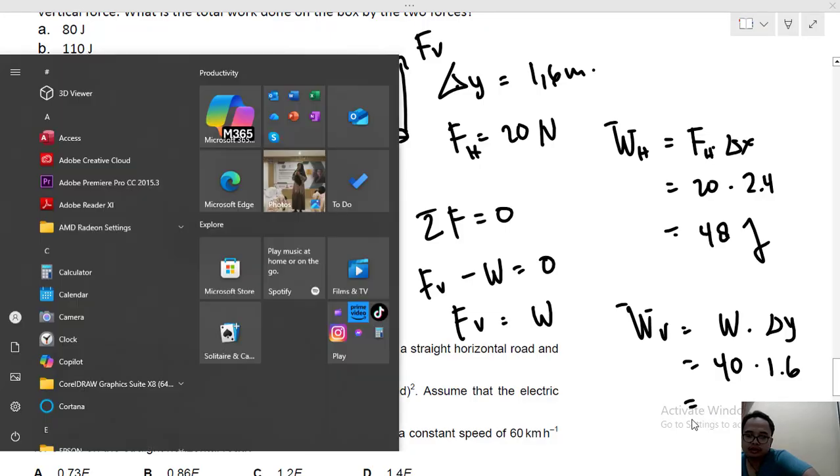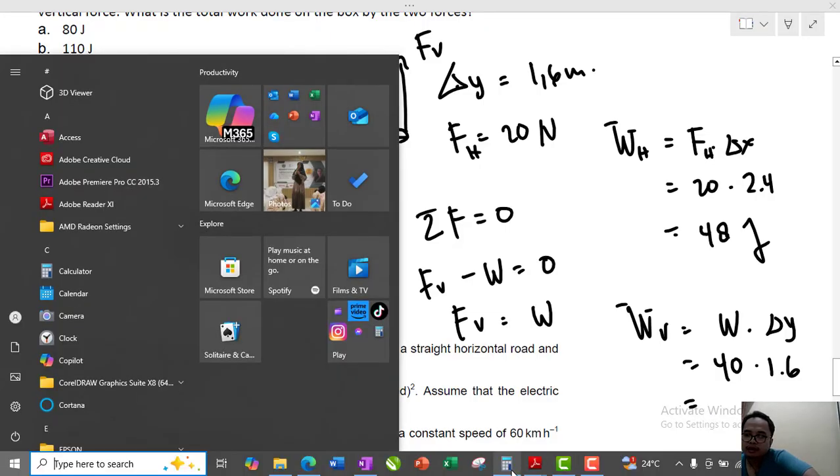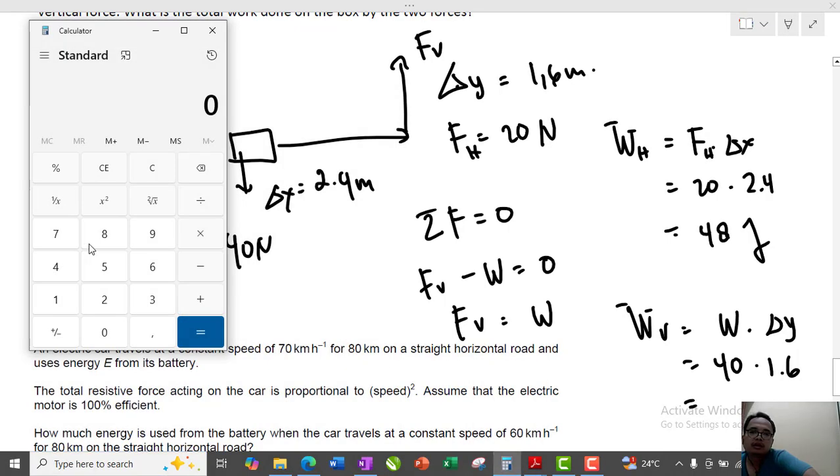We will use a calculator: 40 times 1.6 equals 64.